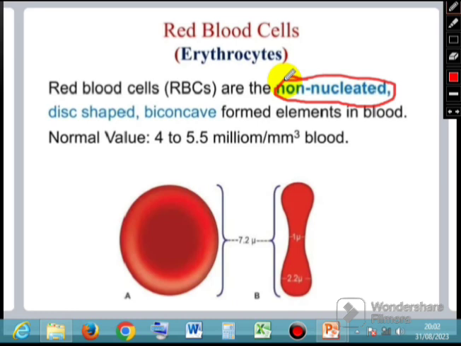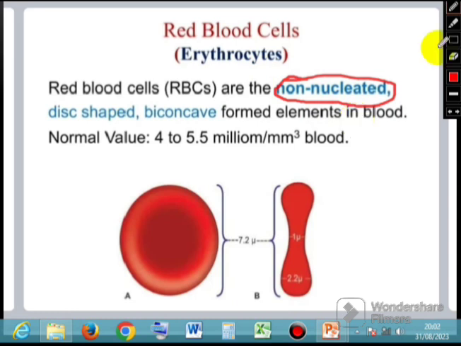So it is incapable of reproducing or replicating itself, because if it lacks a nucleus, it doesn't have genetic material like DNA. So it is a non-nucleated formed element of blood.